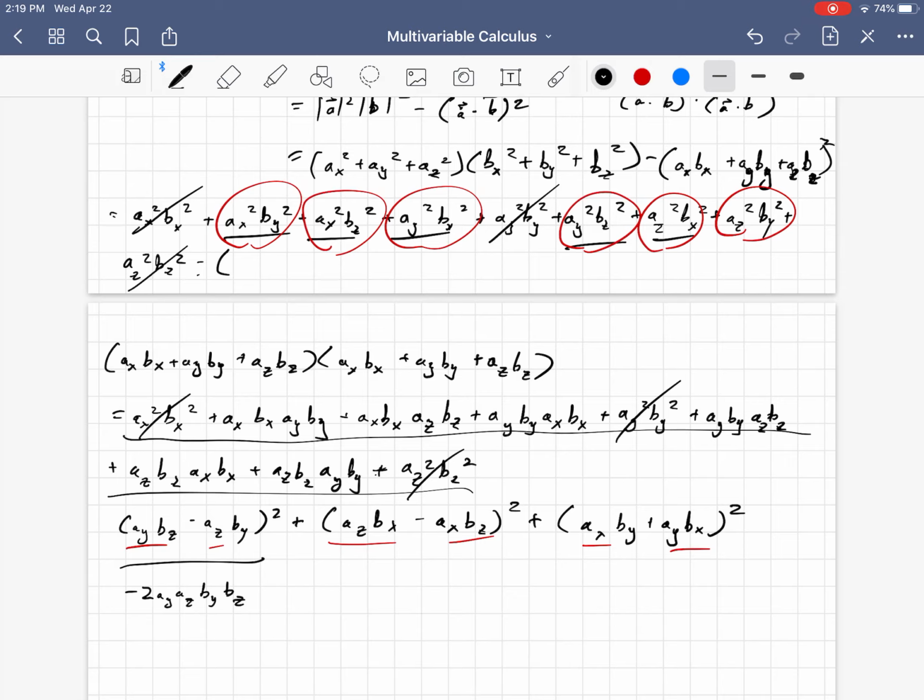From this first bracket, I need a minus 2 a sub y, a sub z, b sub y, b sub z. So I'm looking for a sub y, a sub z, b sub y, b sub z. That would be this a sub y, b sub y, a sub z, b sub z.